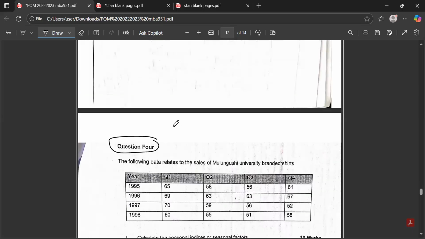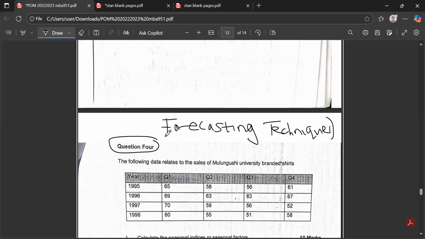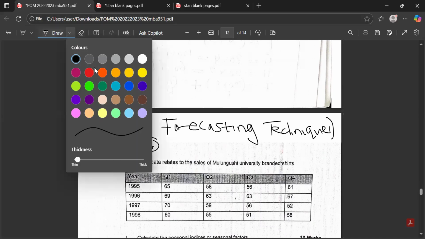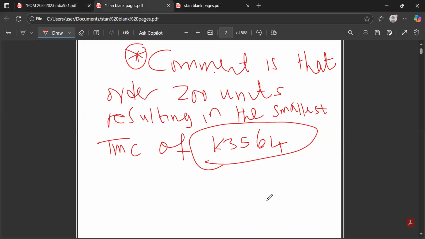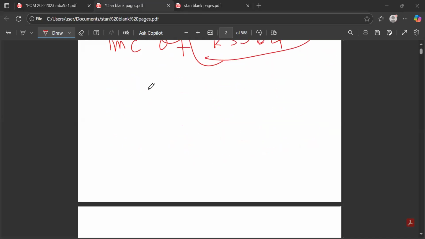Question number 4 was on forecasting. So forecasting techniques. And under this one, we are just now looking at calculating the seasonal index. So seasonal index is in forecasting.